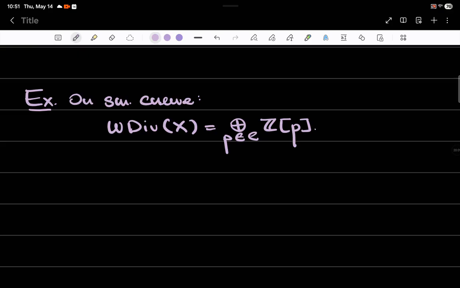Because points are codimension 1, then on surfaces, these are going to be formal sums of curves. On threefolds, they're formal sums of surfaces, and so on and so forth.